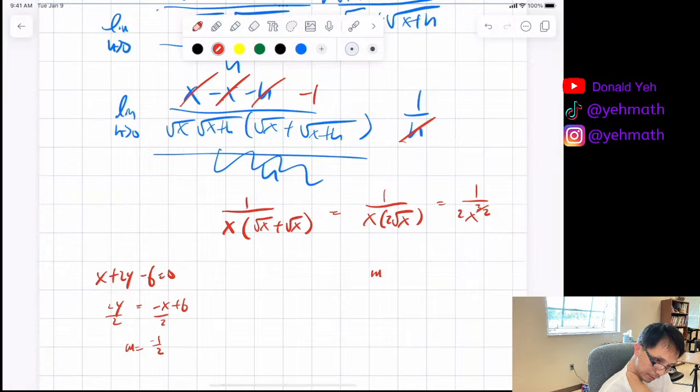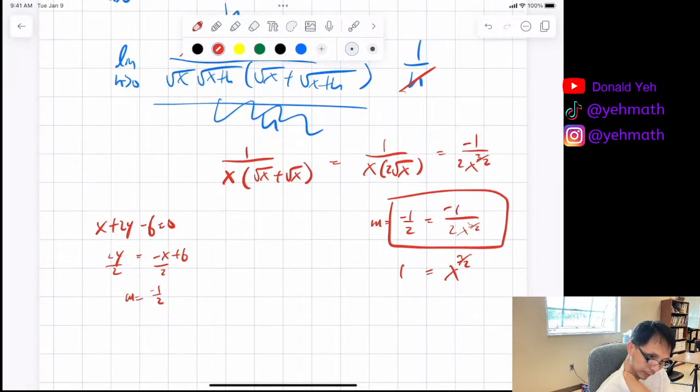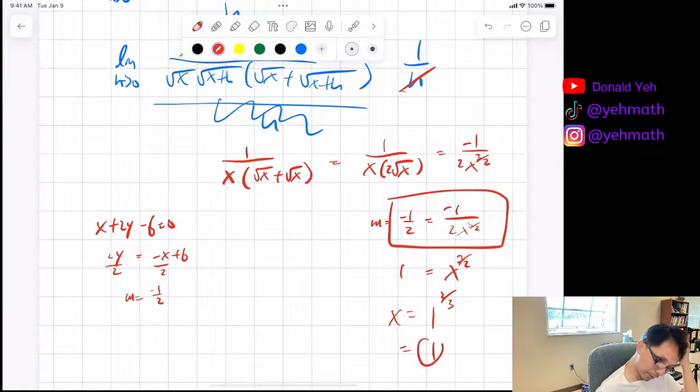And you set -1/2 equal to, oh, this is -1/2 as well, so negative 1 over 2 x to the 3 over 2. So you set them equal to each other, so it'll be x to the 3 over 2 equal to 1. So x equals 1 to the 2 over 3, which is equal to 1. So x equals 1.